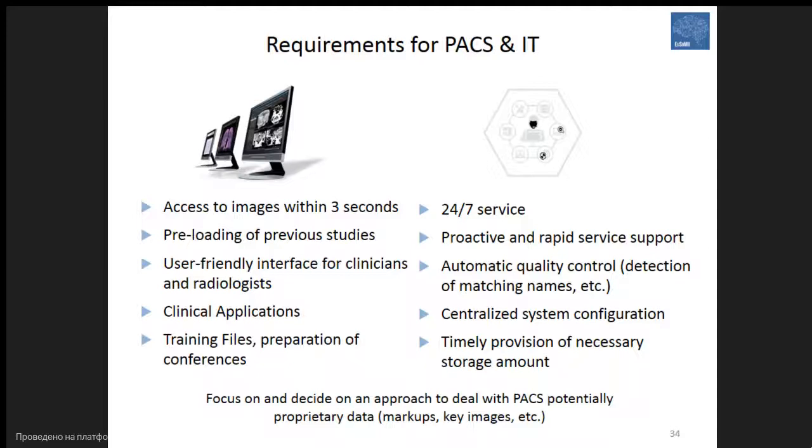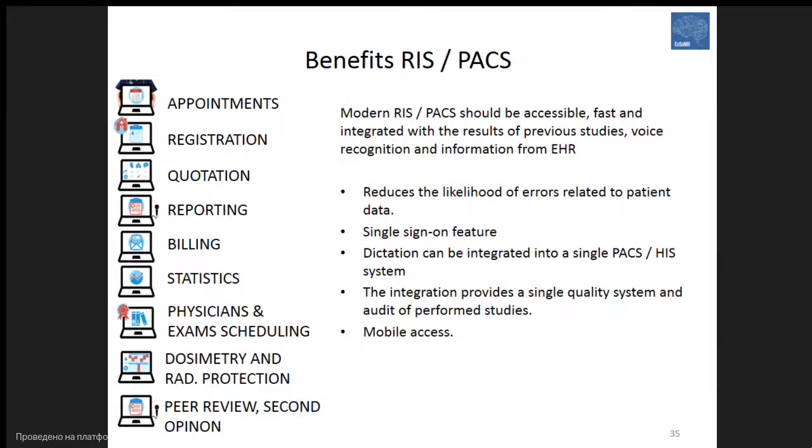There should be support of the PACS by the service, proactive support, automatic quality control, for example detection of matching names of patients, centralized configuration, and provision of necessary storage in order not to lose new images and new data.